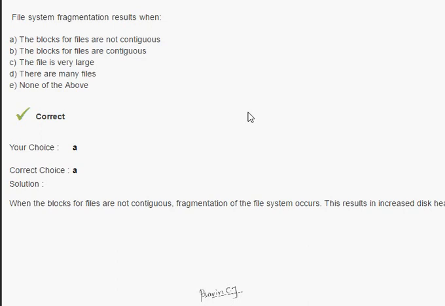File system fragmentation results when the blocks of the files are not contiguous, which can result in increased disk head movement or seek time, which hinders throughput. So exactly, when files are not contiguous, file system fragmentation may result.